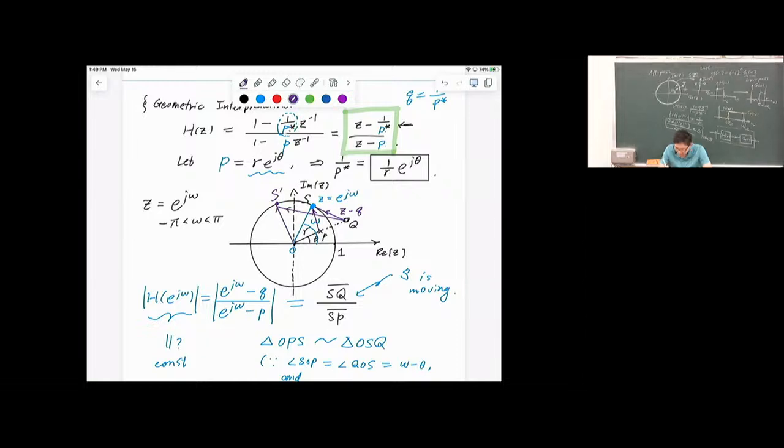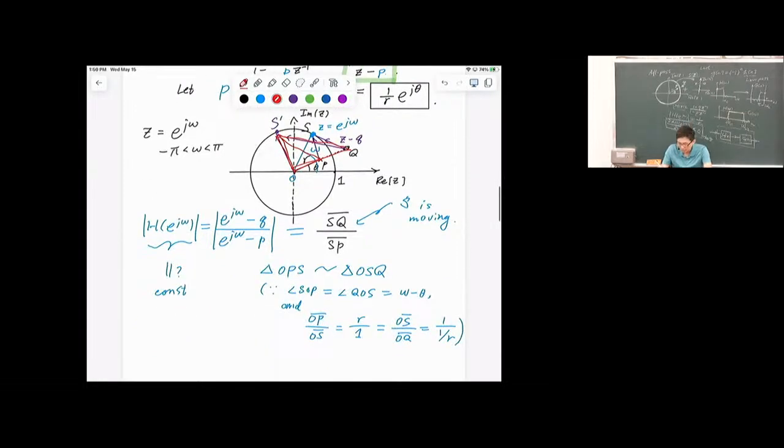You can still consider the triangles OPS and OSQ. They are always similar, with a scaling factor of R.